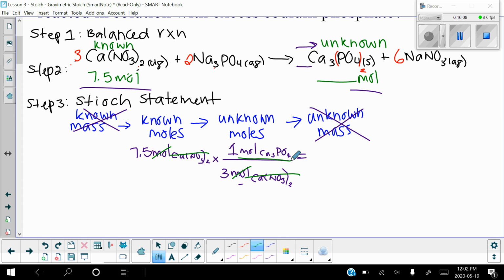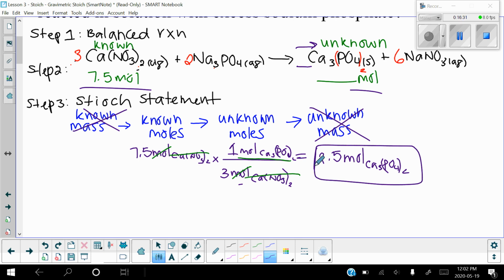Once I plug this into my calculator, I get a final answer of 2.5 moles of calcium phosphate. Okay, there's my final answer.